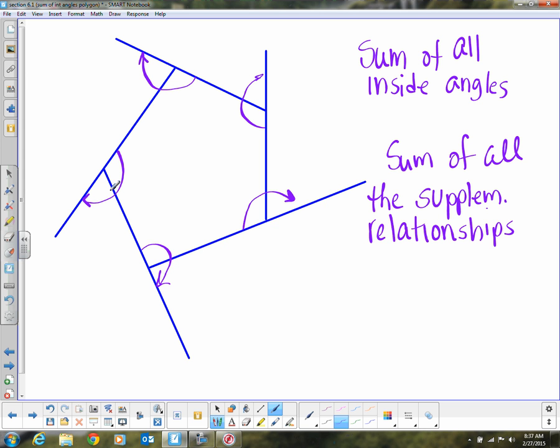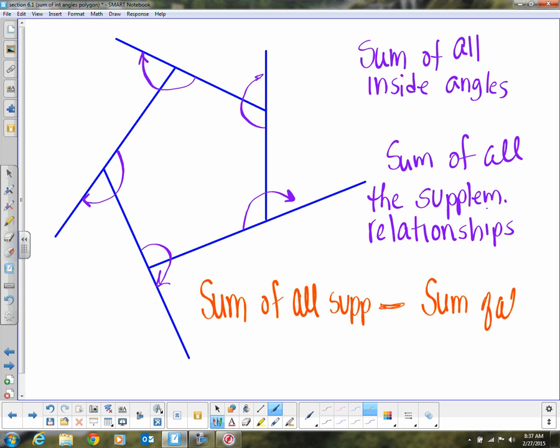The next thing you're going to do is take the sum of all supplementary, that's your last number, and from that, you're going to subtract the sum of all inside angles. And then that number I want you to highlight.